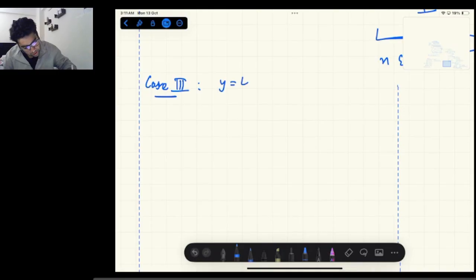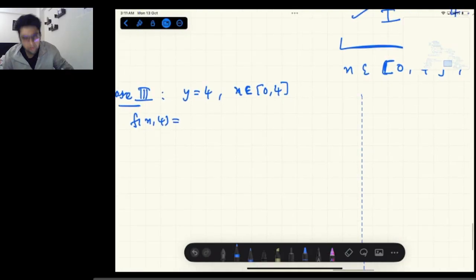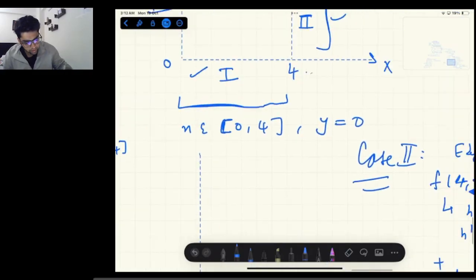So when y is 4, x belongs to 0 comma 4, my function f of x comma 4 becomes x cube plus 64 minus 36x plus 27, so this becomes 91 plus x cube minus 36x this time, right? So this is again a symmetric function.